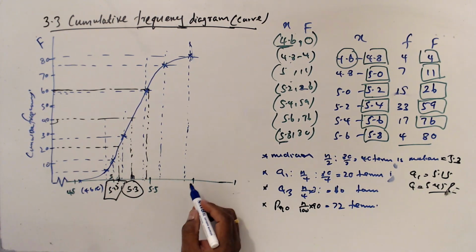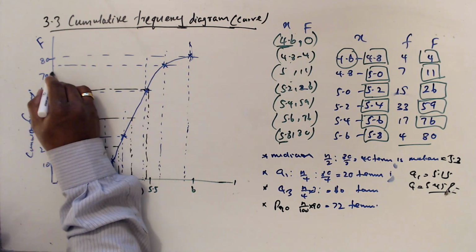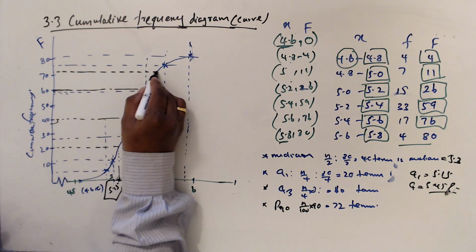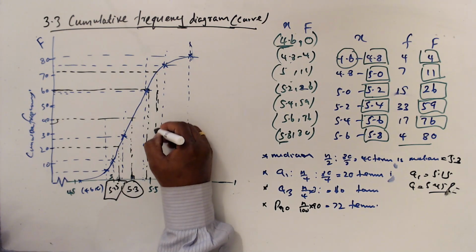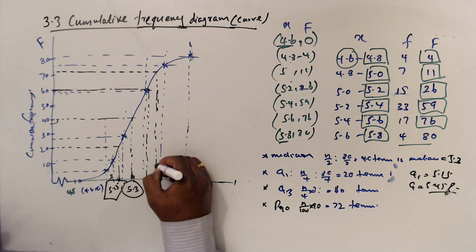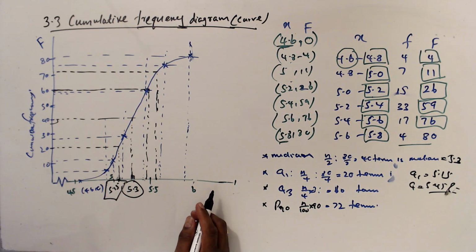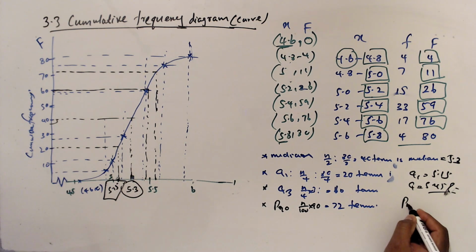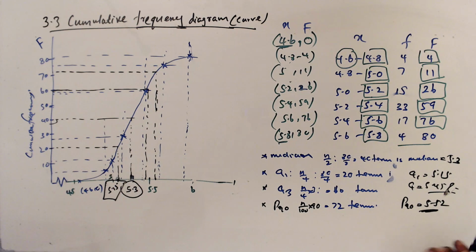So we find 72, somewhere here, and when you draw like this, you will get a value. That value, P90, is 5.52.